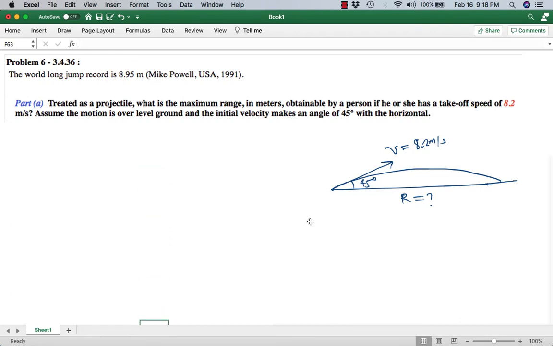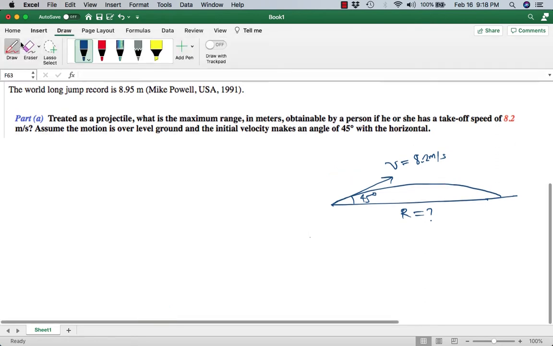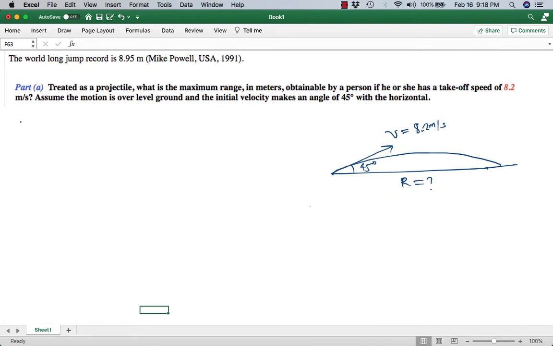So in this problem, we can first start with the x motion or horizontal motion, and then we can deal with the vertical part.